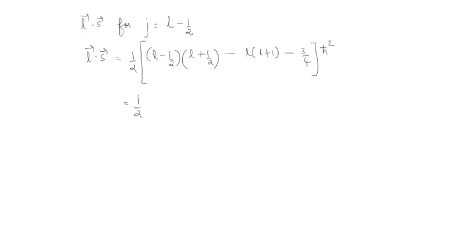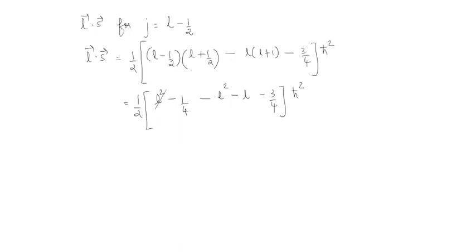Here I will have half into, this is A plus B into A minus B format, so this will be L square minus 1 by 4, because half L and minus half L cancel. Then I have minus L square minus L minus 3 by 4, this much ħ square.